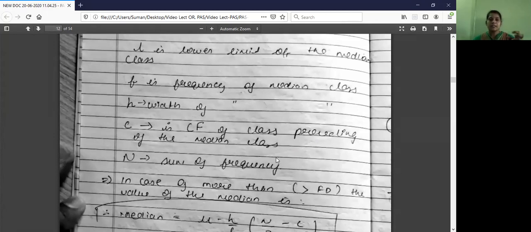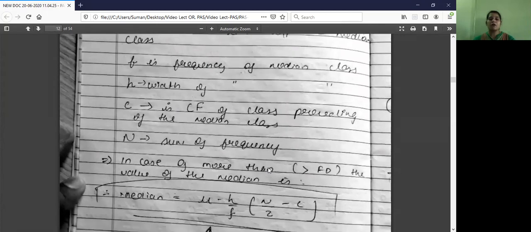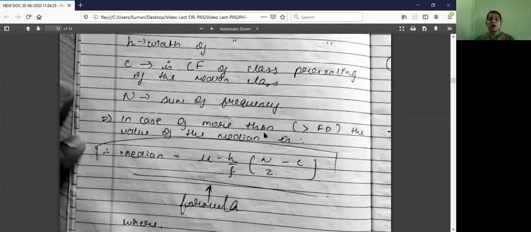That means in your CF column, one is your median class. According to your median class, the just preceding value of the CF is our capital C, and capital N is the sum of frequency. In case of more than type or greater than type frequency distribution, the formula is median equal to U minus H upon F times (N by 2 minus C).